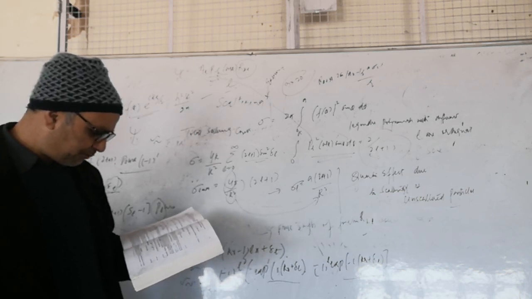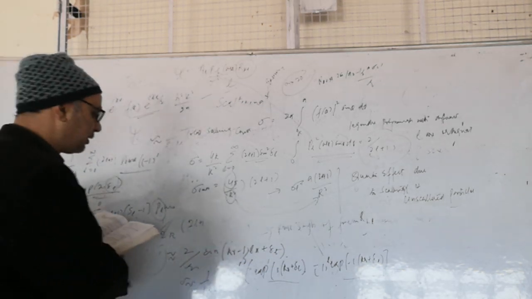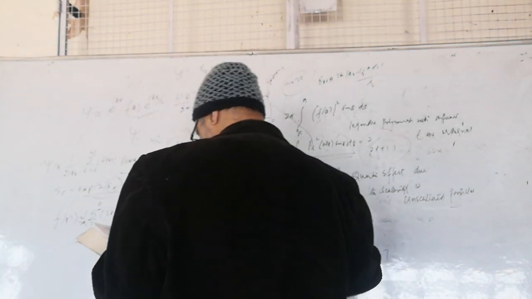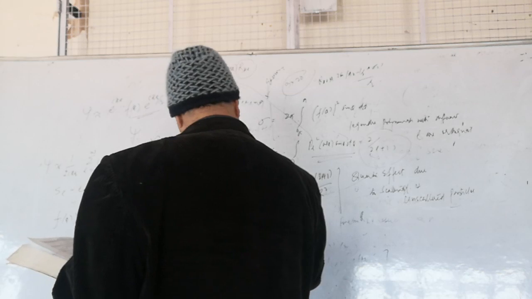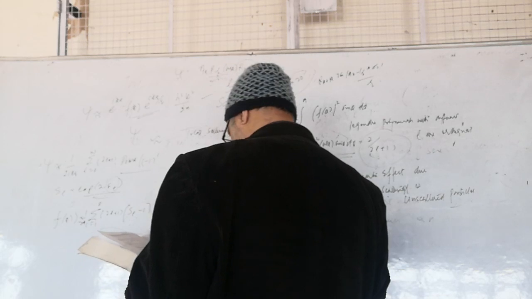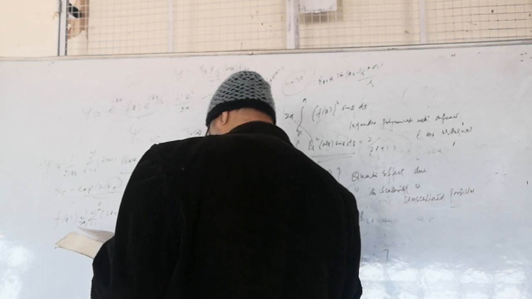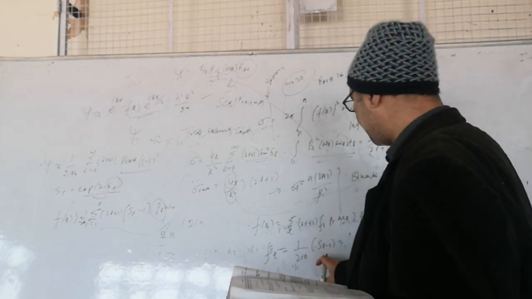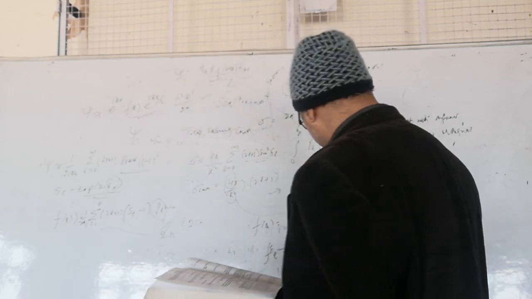We can also use the idea of partial scattering, and see the partial scattering amplitude for these things, f of theta. For partial scattering, it will come out to be again S_L minus 1.